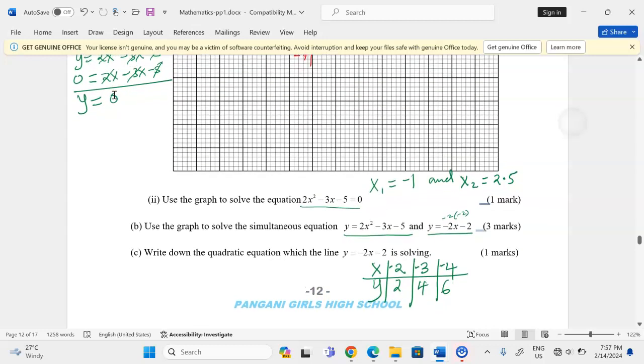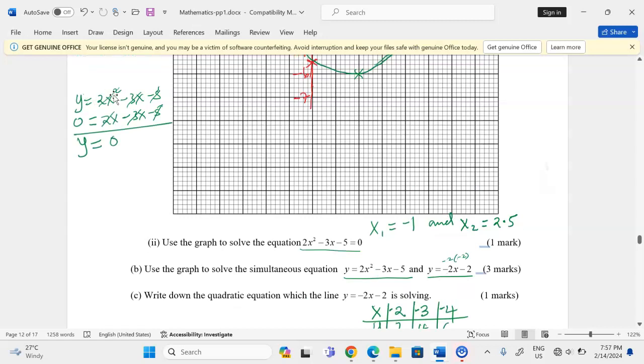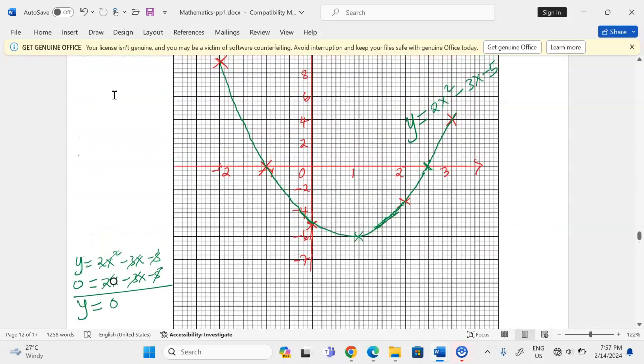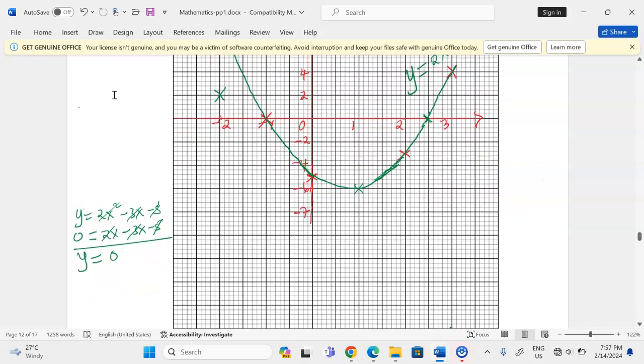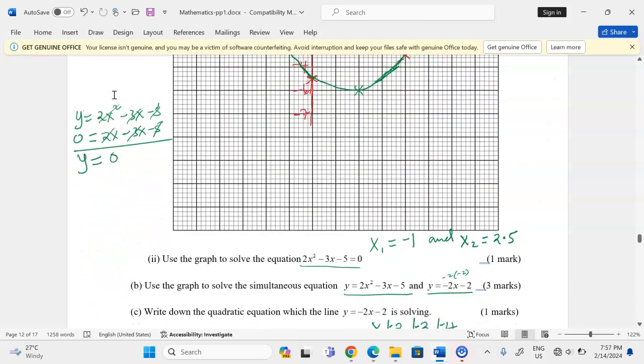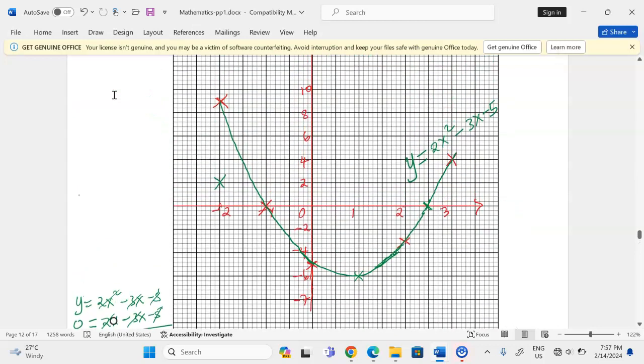Therefore, I can start with -2, 2. So -2 is here. This should be plotted against 2. -2, 2. That is the coordinate. The next value can be -3, which gives us 4. -3 will be at a point here.